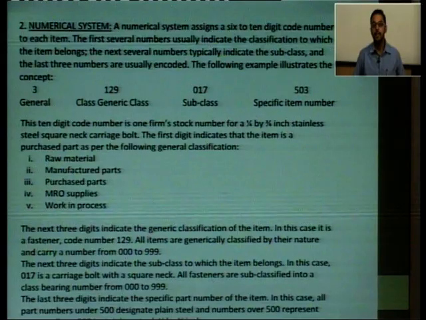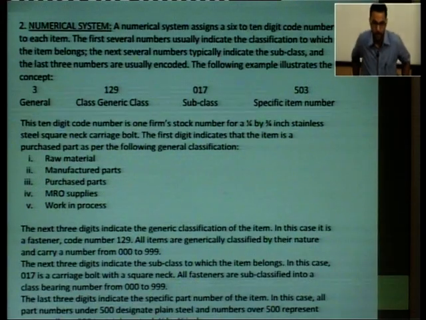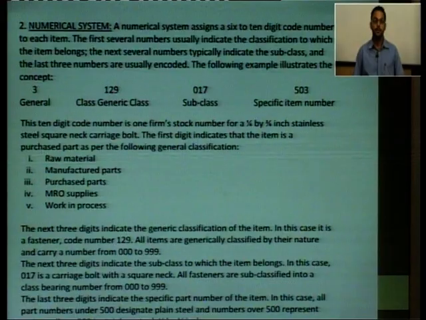The first digit indicates that the item is a purchased part, as per the following general classifications. Number 1, raw material. Number 2, manufactured parts. Number 3, purchased parts. Number 4, MRO supplies, material requirement supplies, and work in progress. The next 3 digits indicate the generic classification of the item.